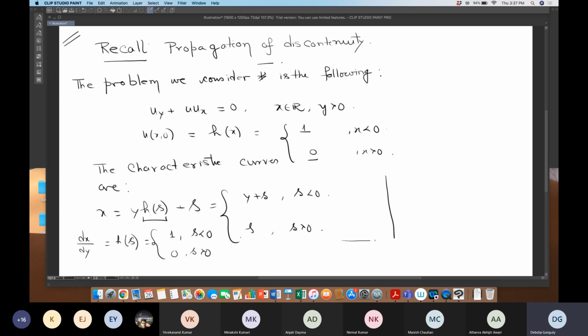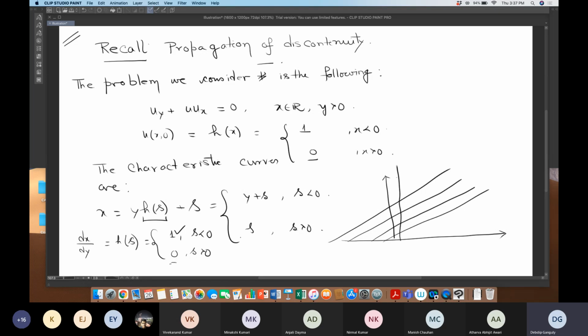So the characteristic looks like this. For s negative, its slope is 1, and for s positive, the slope is 0. You know why I am doing this, because I have taken the opposite. So what is the conclusion?